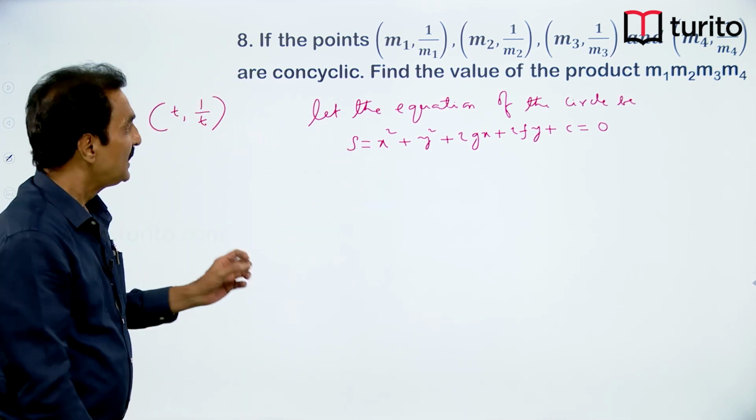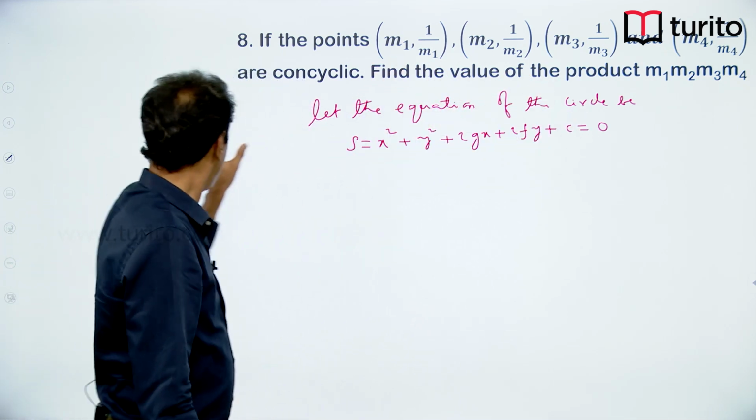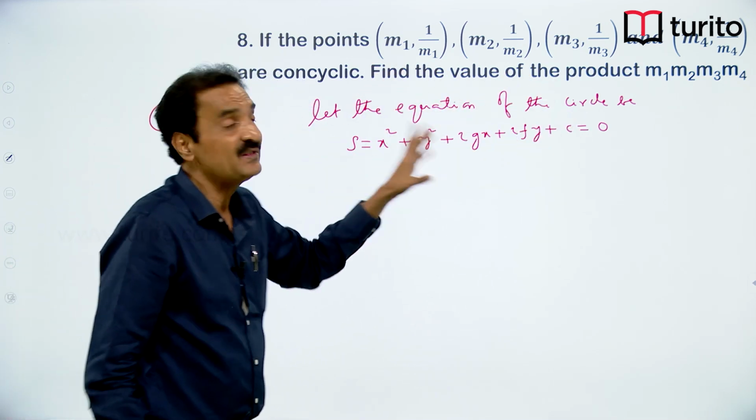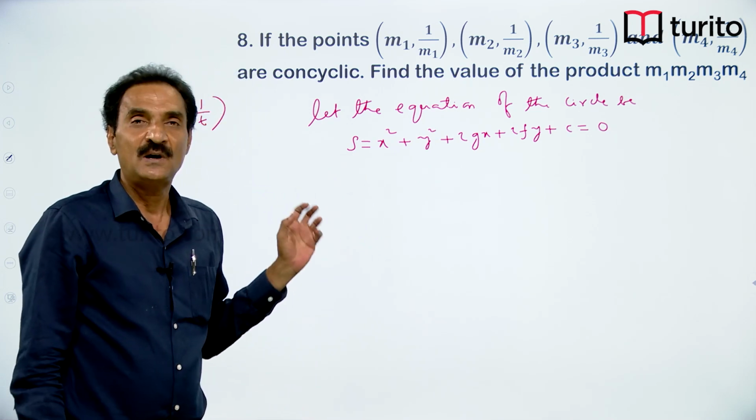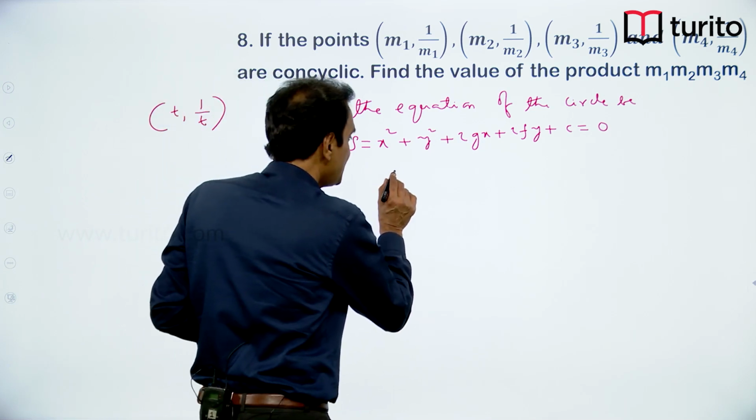Okay. Now, there are 4 points which are in the form of (t, 1/t) on this circle. So, I will substitute (t, 1/t) in this equation.